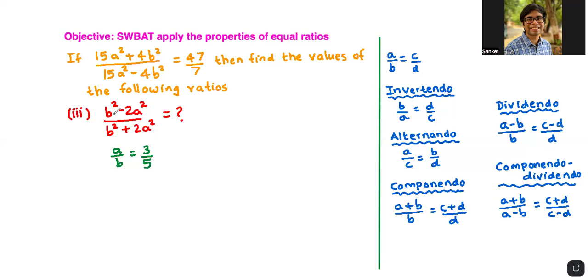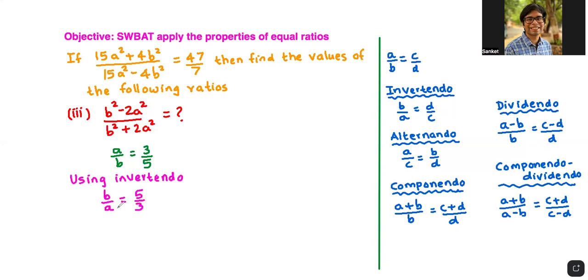I can see over here that b is first in the numerator, and that can only happen if in the original ratio also b is first in the numerator. So I'm going to start by doing invertendo to bring b in the numerator. I get b upon a is equal to 5 upon 3.